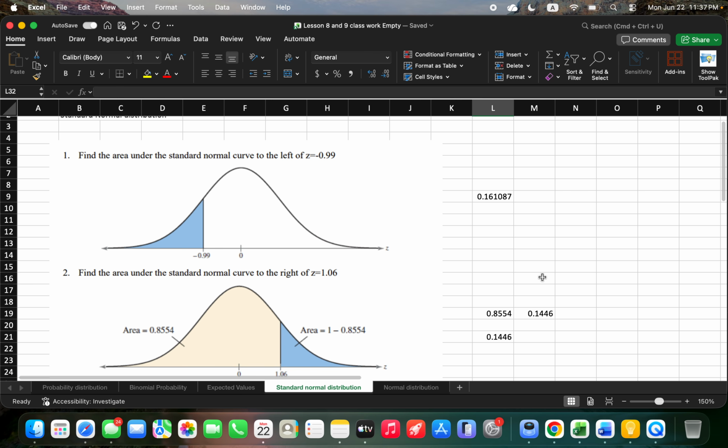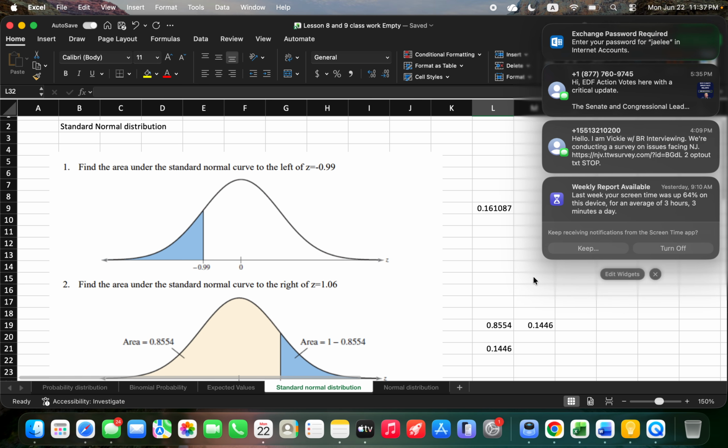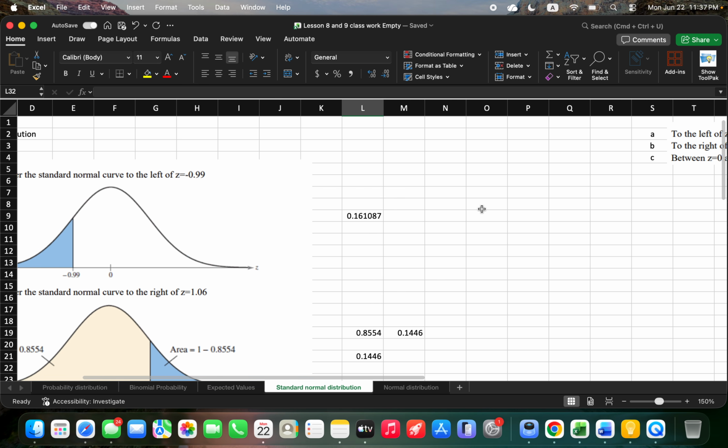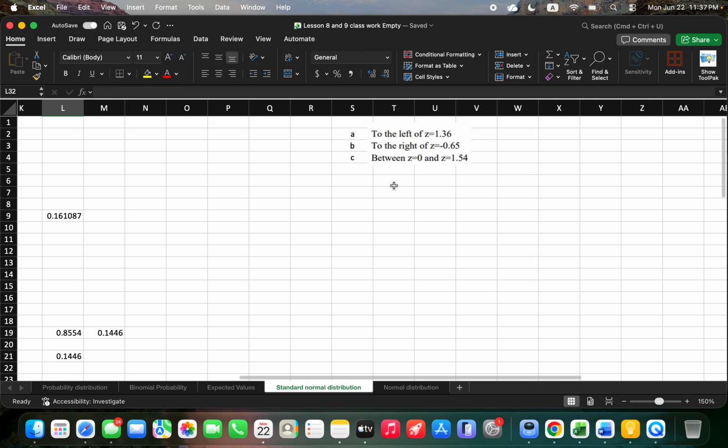Then what about when the question is given in words? In this case, it shows to the left of z equal to 1.36, to the right of z equal to negative 0.65, and between z equal to 0 and z equal to 1.54. Even though it's wording here, it's the same concept.